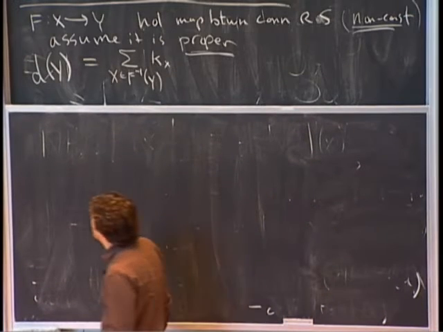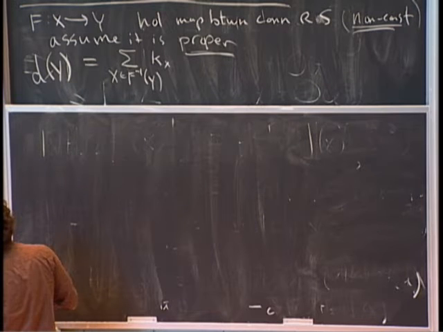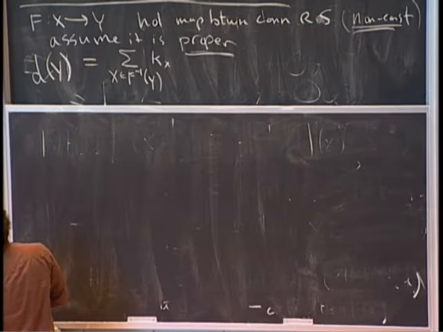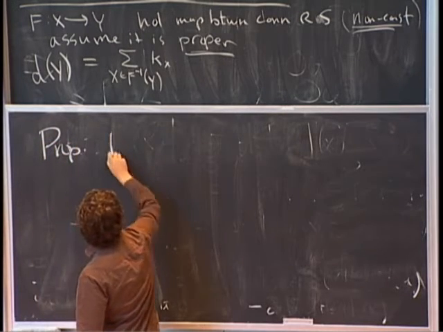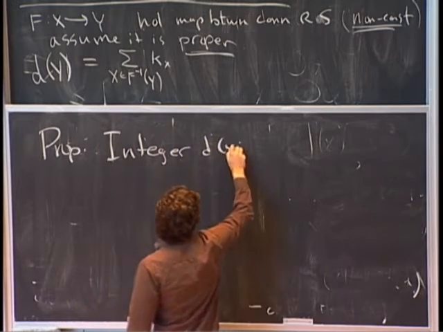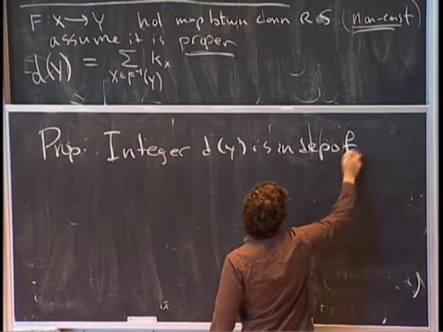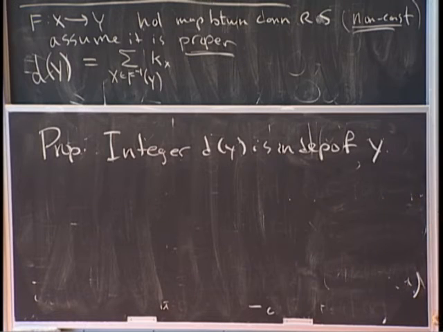Okay, so now we have this integer d, but the relevant topological claim is that this integer d of y is independent of y. In other words, this integer is an invariant of the map and not of the point y.